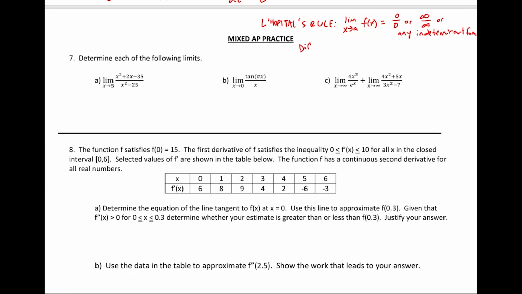So you're going to differentiate the top and bottom and then try direct substitution again.